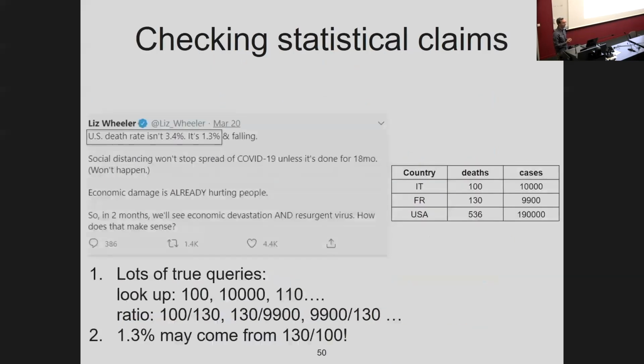So going back to this example, if I try to generate all the possible queries in order to verify that there is one of them giving 1.3, I can do lookup. Okay, none of them contains 1.3 or 0.013, right? But I can also compute ratios and keep going with different formulas. And eventually you see that I found a 1.3 coming from 130 divided by 100, but it has nothing to do with the sentence, right?